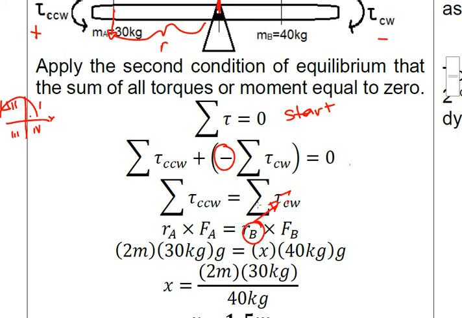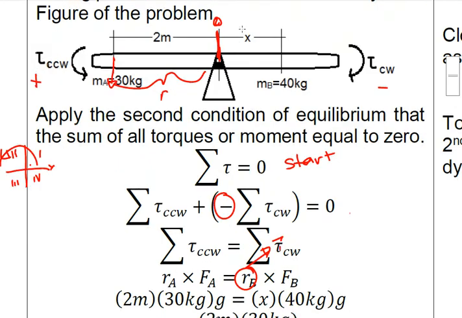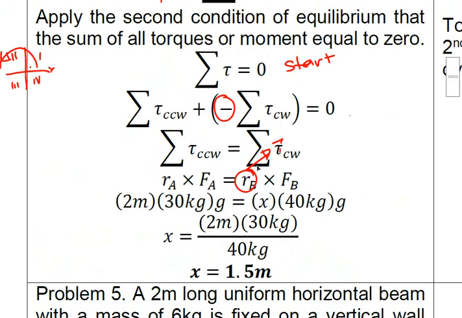Okay, so we now plug in. We have 2 meters, then x, denote this one as our x. Well, this is quite confusing. Anyways, it is originally from our figure x. So our rB is x. I'm sorry for that, I just forgot.